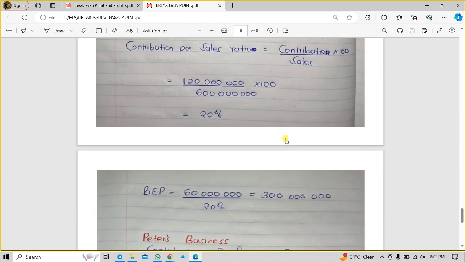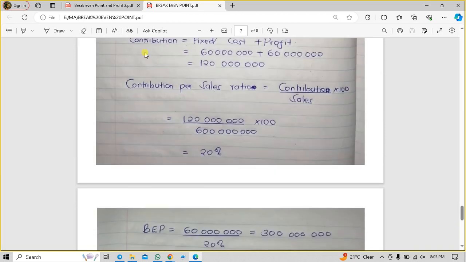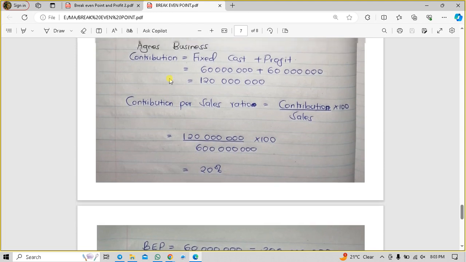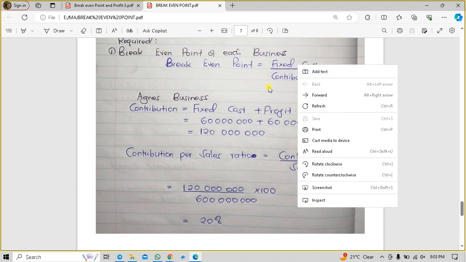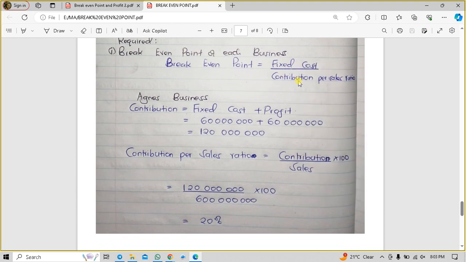But I think you should be getting the same answer. Let's try to use this formula, but it's the same. Contribution per sales ratio. We take the contribution. Let's use this one. See if we are going to get the same answer as the break-even point.